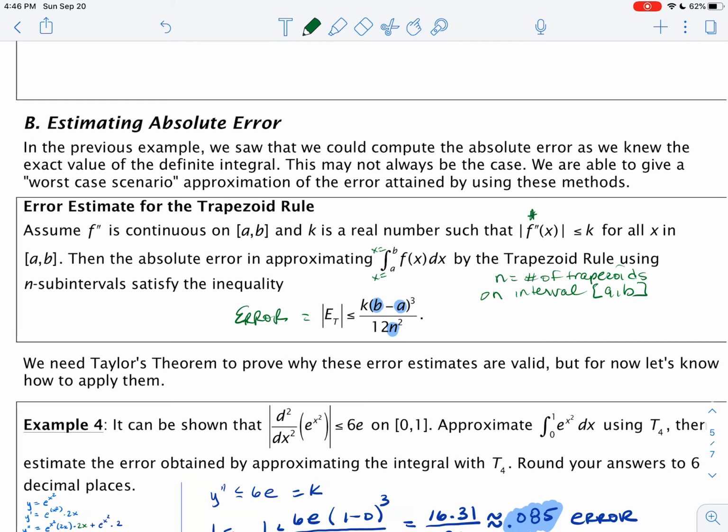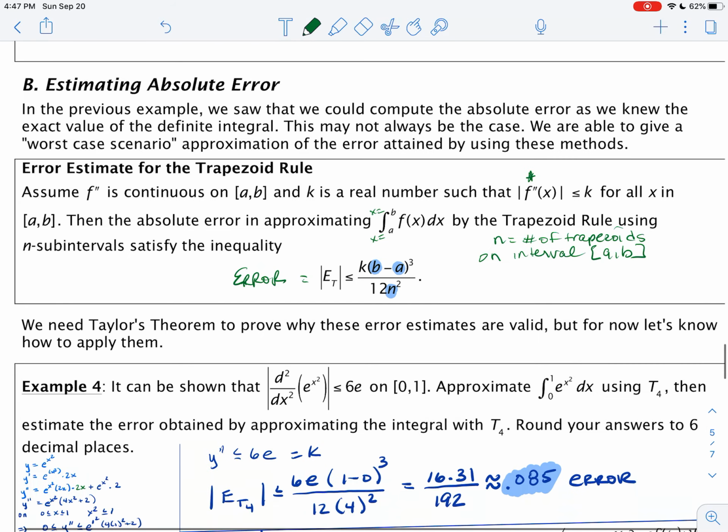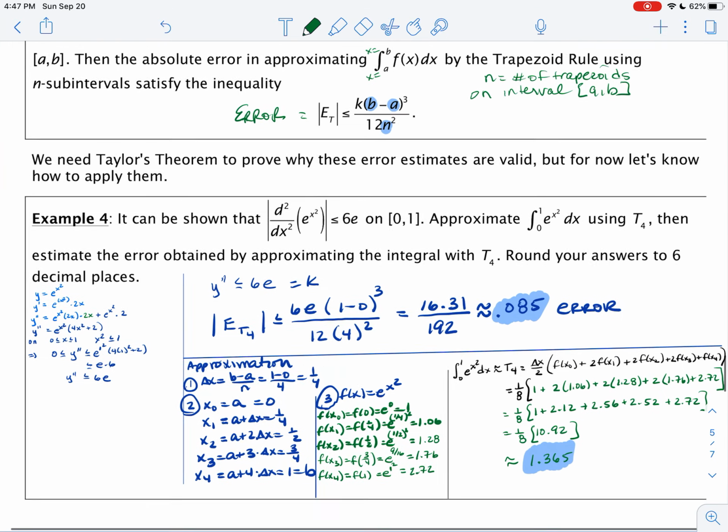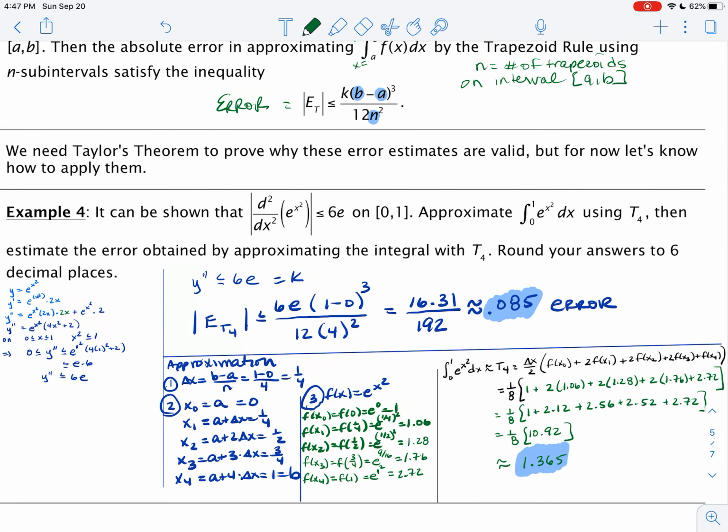The biggest output in absolute value is what you want, so you want to consider your negative numbers as well. You take that absolute output to be your upper bound for K. Okay, and that's how you can find your K.